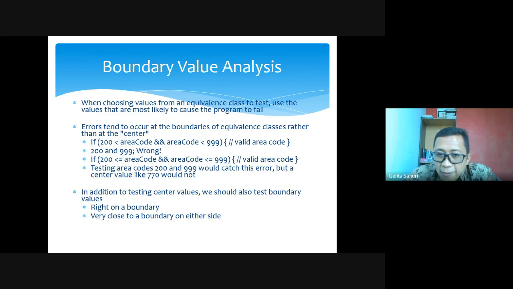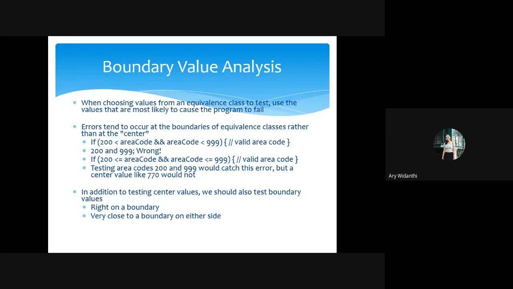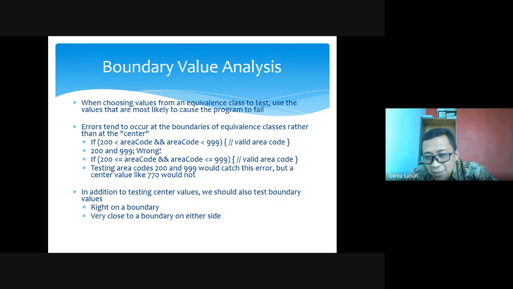At the low boundary, which numbers can we use? From 200 until 999, the low boundary is 200, and something around 200: 199, 200, and 201. We can choose those three numbers as boundary values at the low boundary.